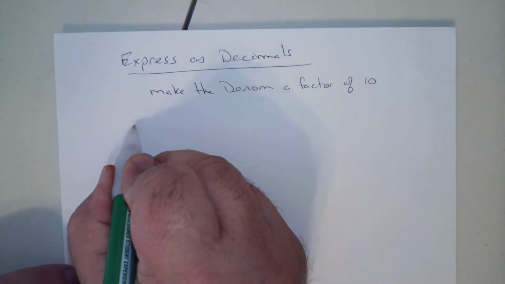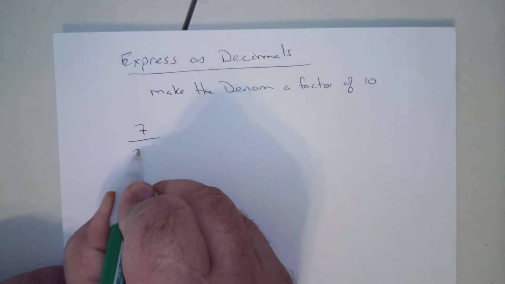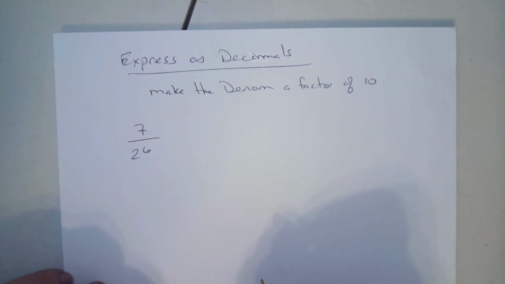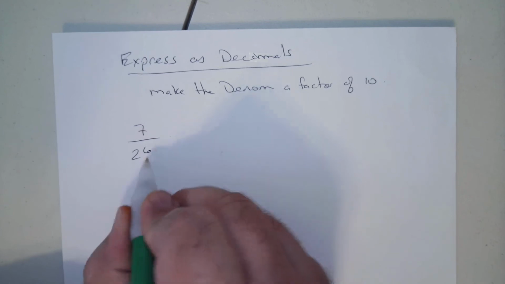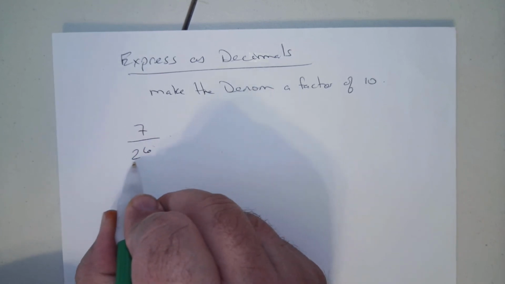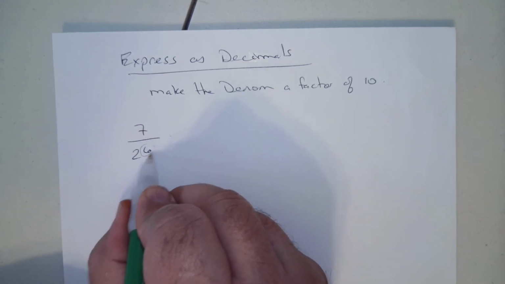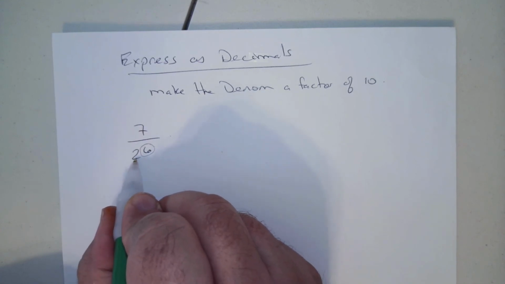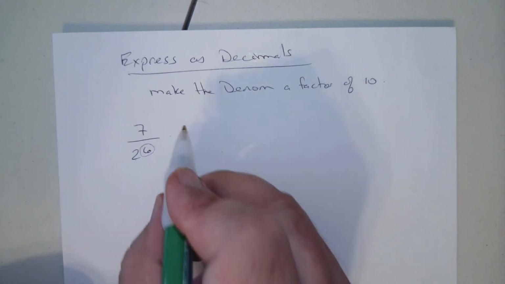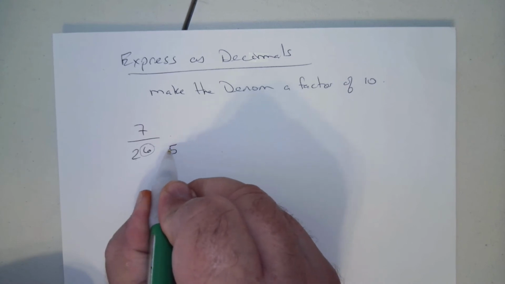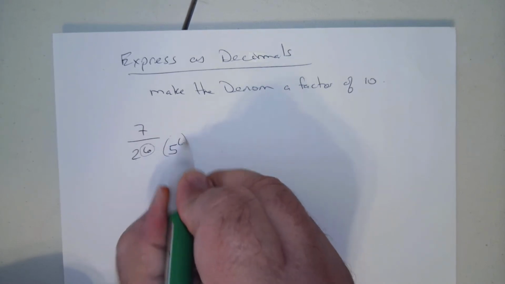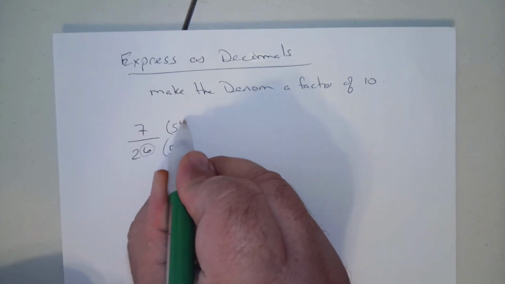So for example, if we had 7 over 2 to the 6th. What do we have to multiply on the bottom so it has to be to the power 6? What times 2 equals 10? 5 to the power 6. Whatever we multiply to the bottom, we have to multiply to the top.